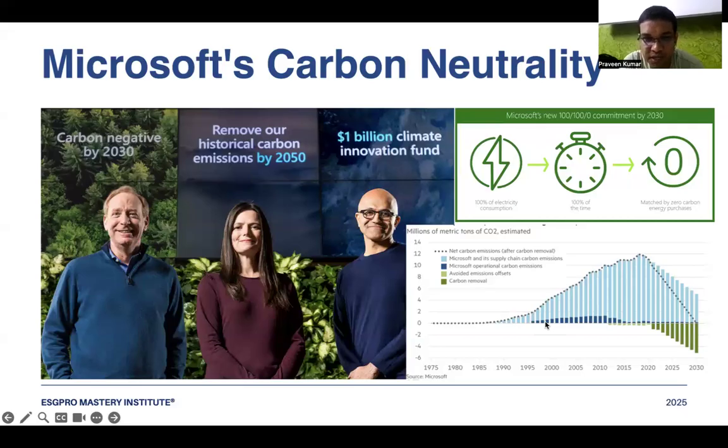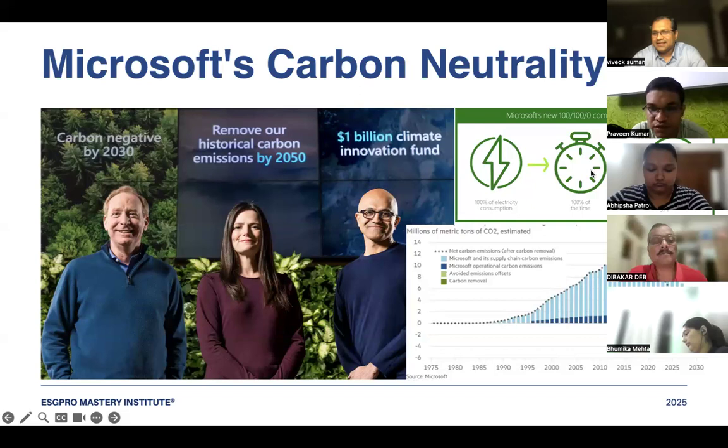But again, their supply chain has a considerable amount of carbon emissions. So with the help of innovations and 100%, they are also increasing the renewable energy portion in their portfolio.